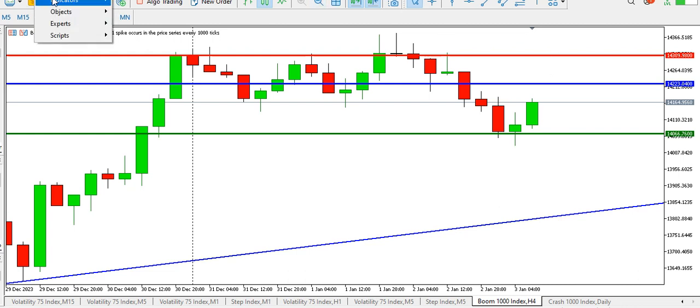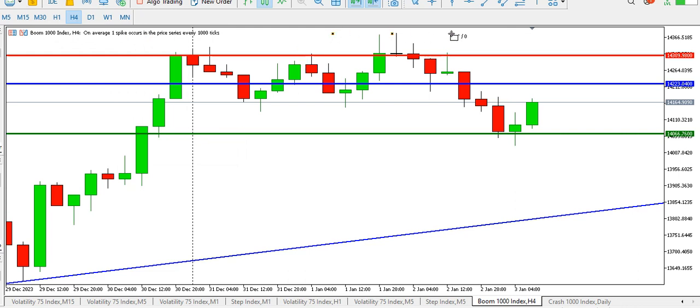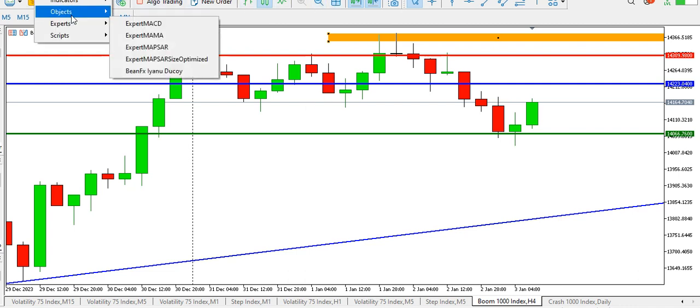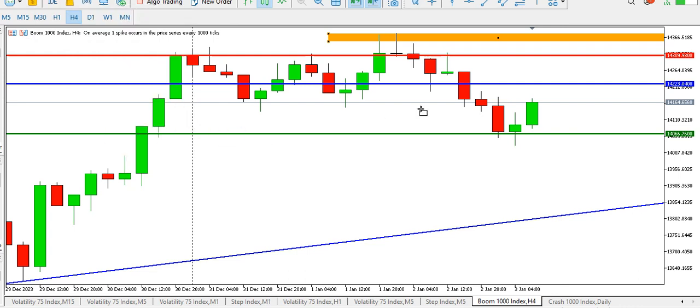Going back to the top, I'm talking about the level around here. Price might get to the 14366 level, but before then, on the 4-hour time frame, price might meet some sellers around the 14300 level, where we have this particular order block.